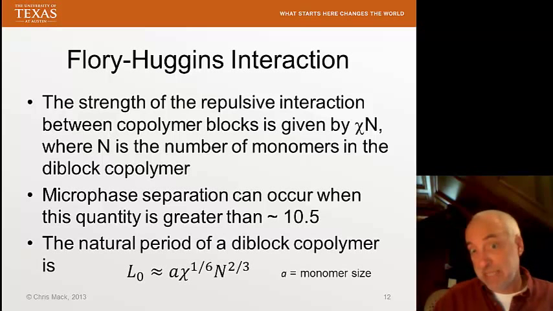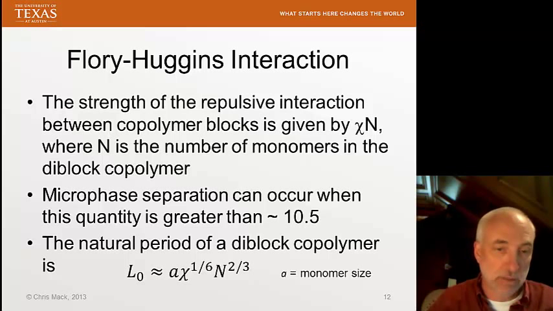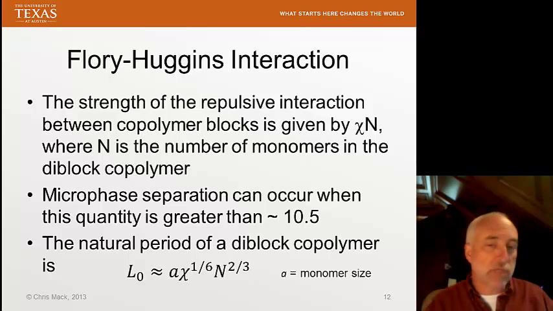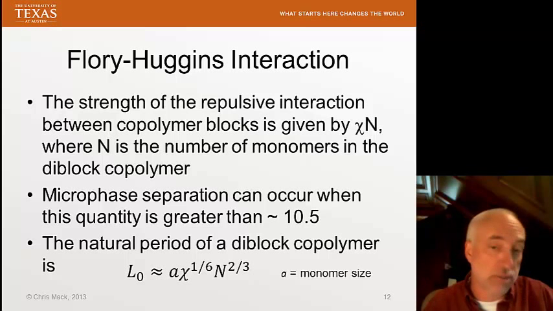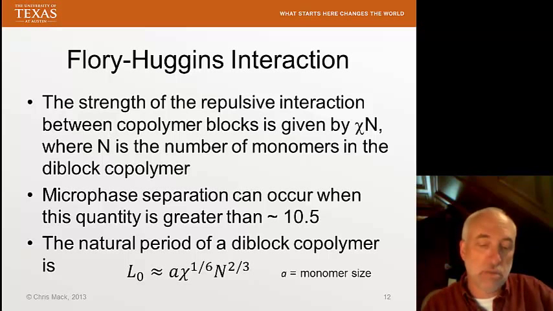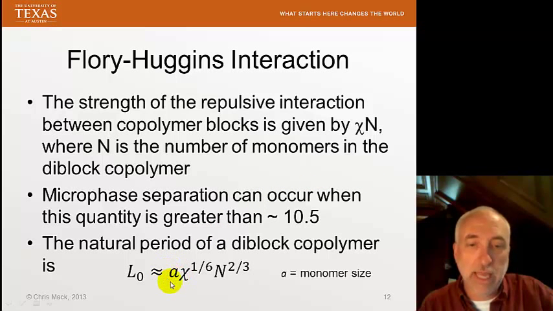Now, with all of that said, let's go back to the natural period. The natural period says how these things arrange themselves, and we find that there's a very simple expression for that natural period derived based on the modeling work, and it has 3 pieces.